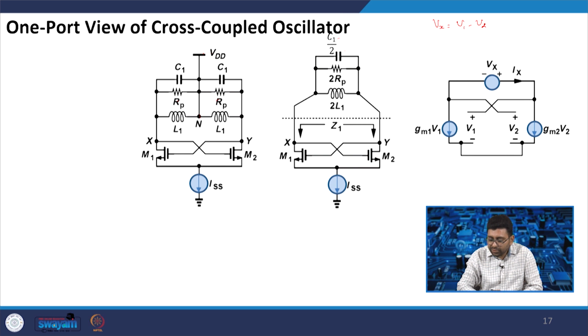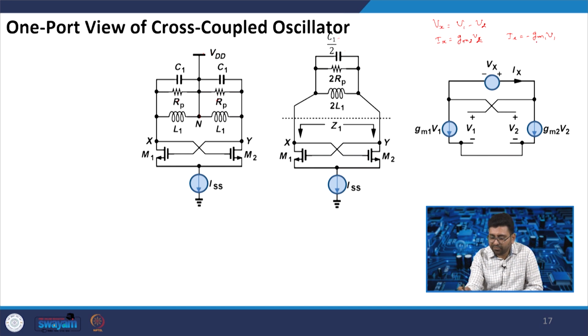And you can get Ix equal to Gm2 into V2, and on this side it is Ix equal to minus Gm1 into V1.